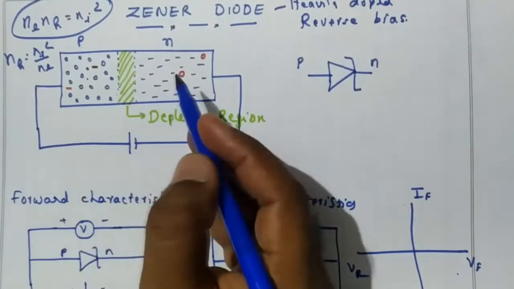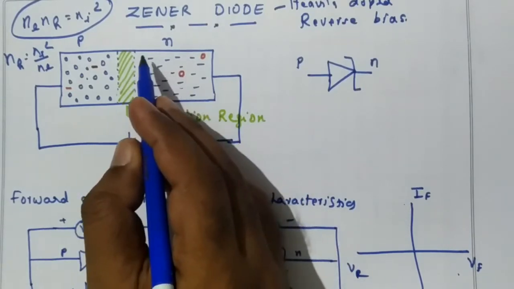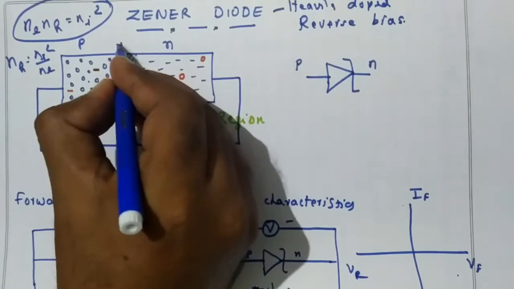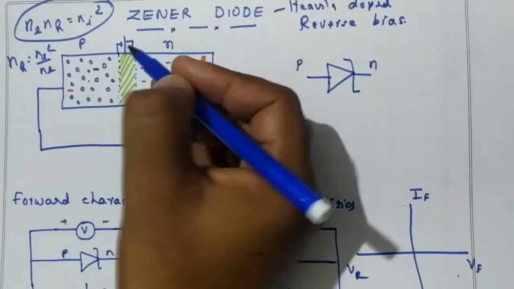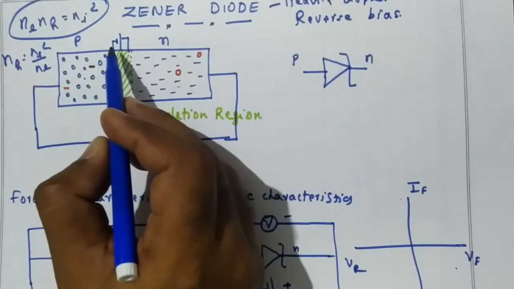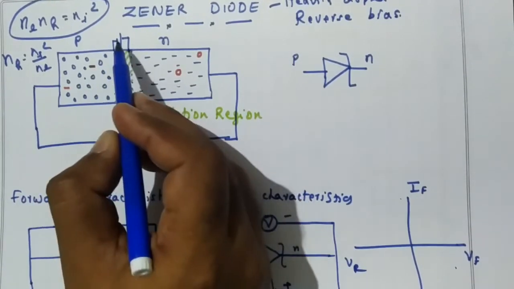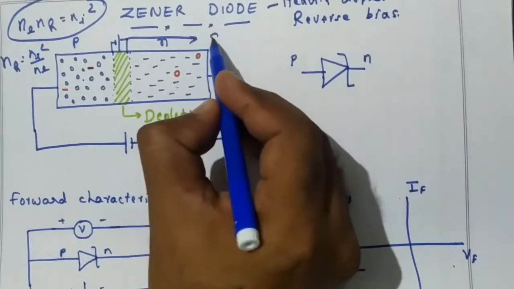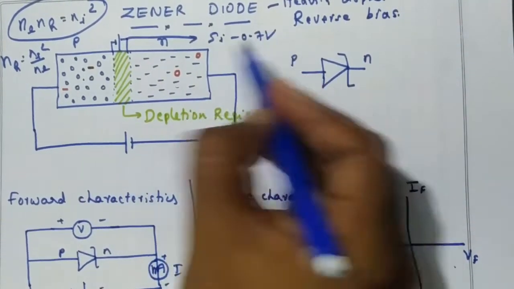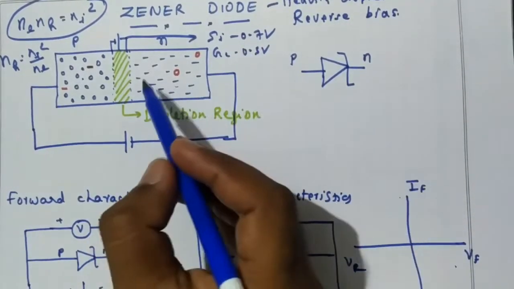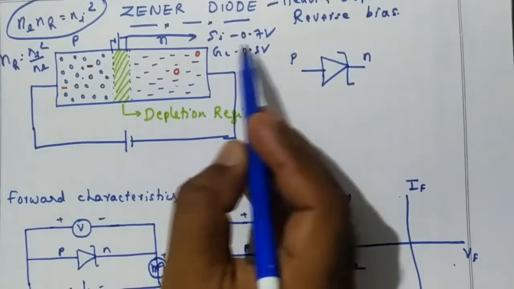So till 0.7 volt, a very small amount of charge carriers flow, because there is a potential called the barrier potential with this polarity. P side is at lower potential and N side is at higher potential. This is 0.7 volt for silicon. For germanium, 0.2 to 0.3 volt. So if any electron wants to cross the junction, it has to overcome this barrier.